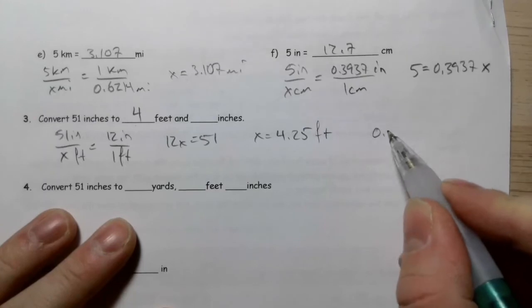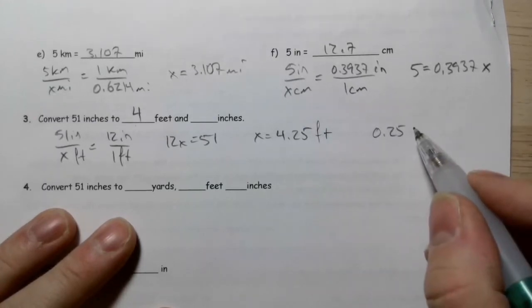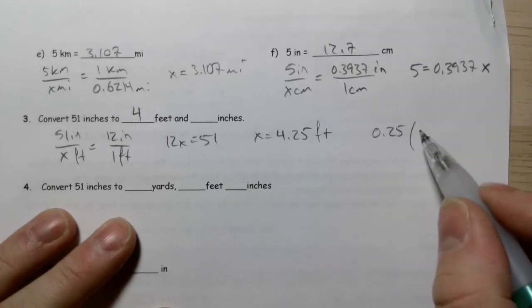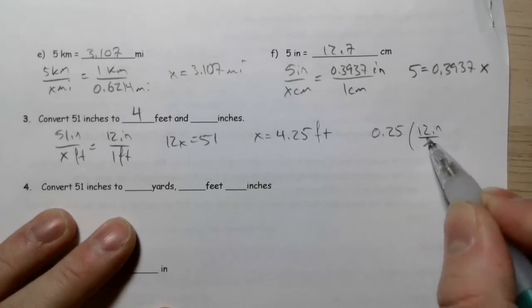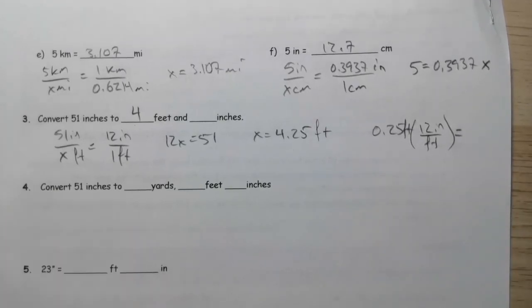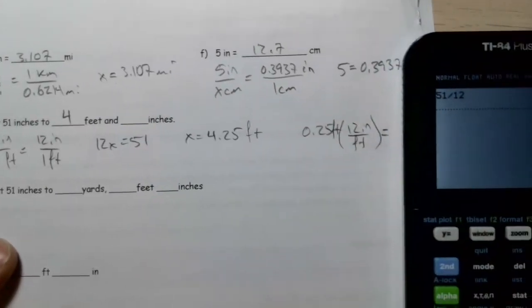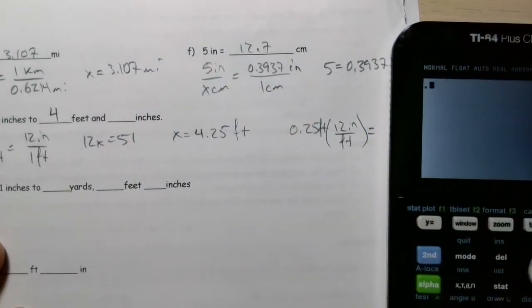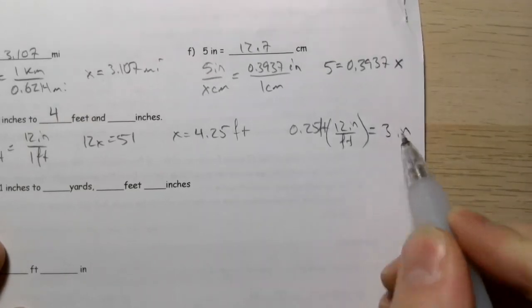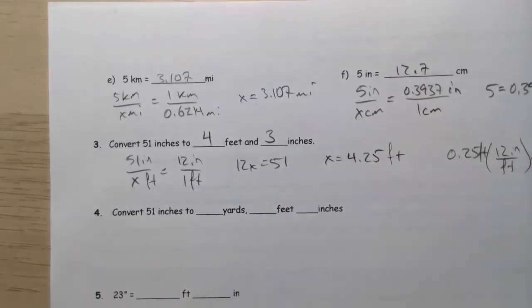I'm going to take that 0.25 of a foot and multiply it by the 12 inches per foot. I'm actually going to go backwards, oddly enough, and convert that into inches. So 0.25 times 12 is 3. So that means I had 4 feet with 3 inches left over.